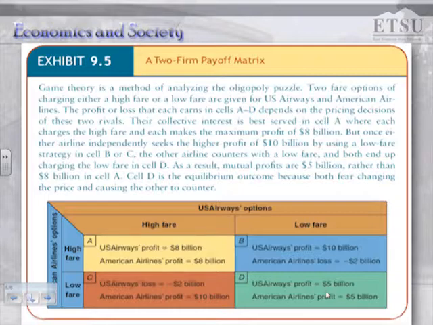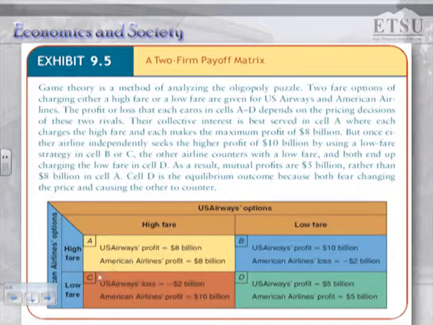So even though the total profits in the industry would be better with both firms charging a high price, colluding and acting like a monopoly, U.S. Airways sees it in their own individual best interest to charge a low price, therefore kind of defecting from the collusive agreement.